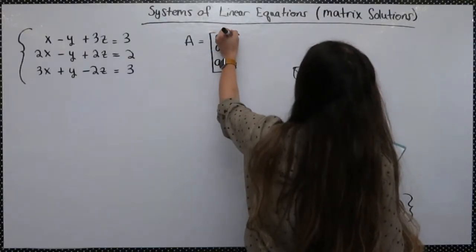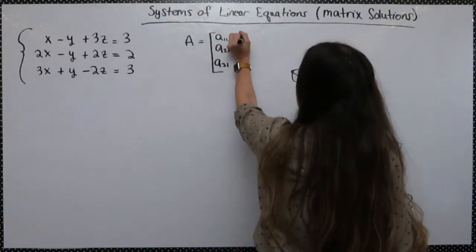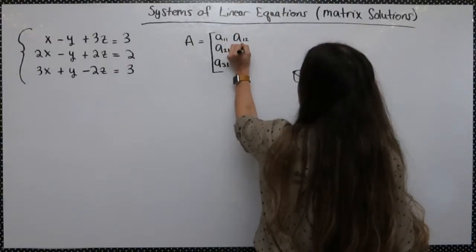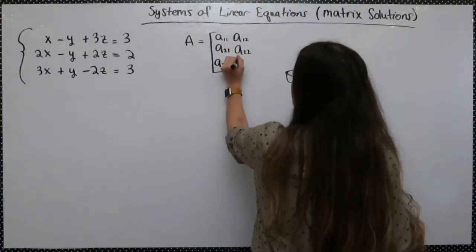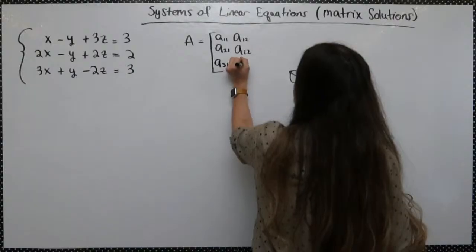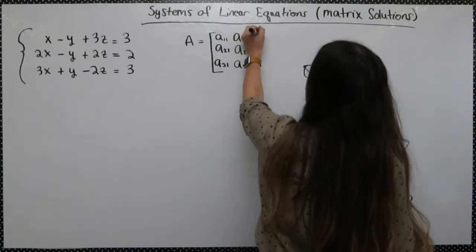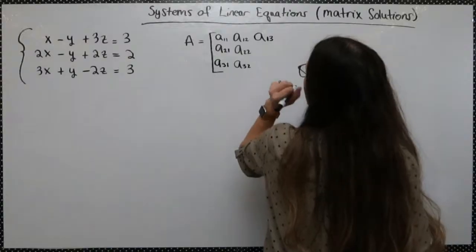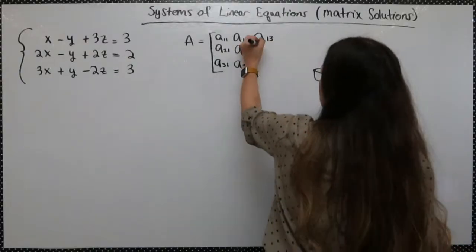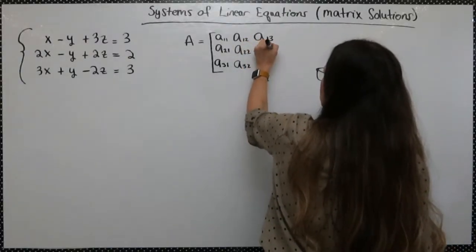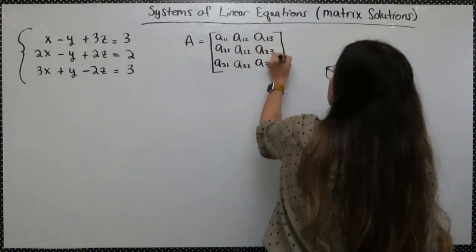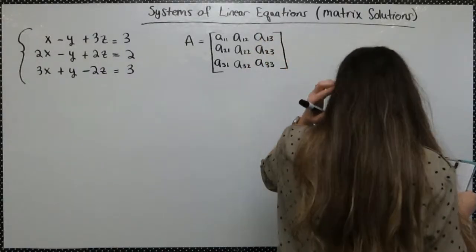Then you have A, row 1, column 2, A, row 2, column 2, A, row 3, column 2, and A, row 1, column 3, row 2, column 3, and row 3, column 3. And here is your 3x3 matrix.